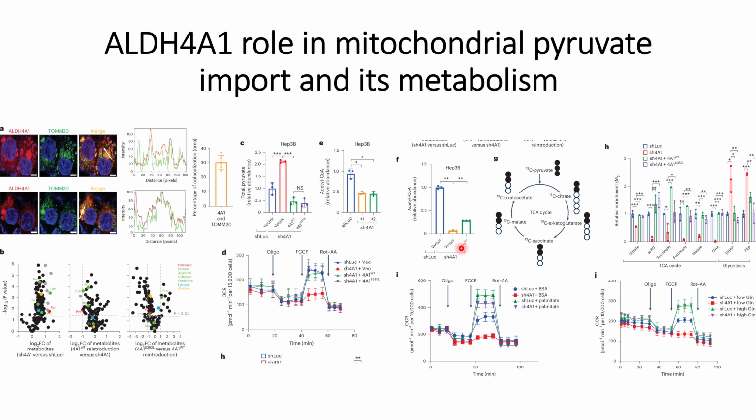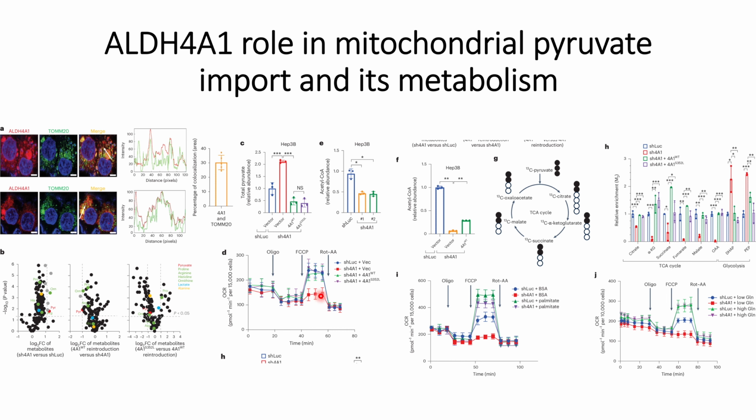Before moving forward, let us discuss panel D also. Here they check the oxygen requirement when they knock down ALDH4A1 and when they reintroduce ALDH4A1 in the wild type or mutated form. When ALDH4A1 is knocked down, the oxygen requirement goes down, which could indicate that TCA cycle consumption or activity goes down.